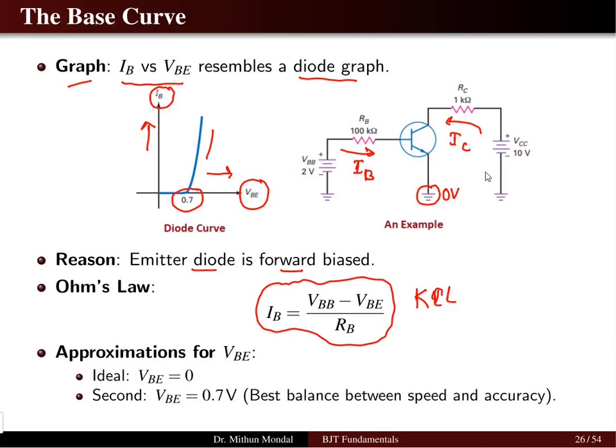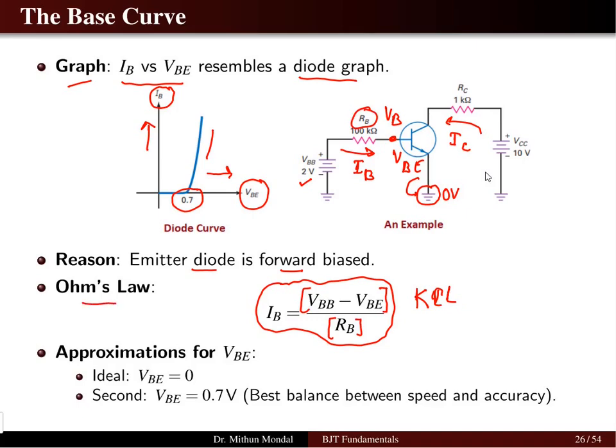Here we have the difference of the potential, VBB minus the base emitter voltage VBE, but since the emitter is grounded, this can be written as VB. So you have the difference of the potential in the numerator, and in the denominator you have RB, which is the resistance of the base.